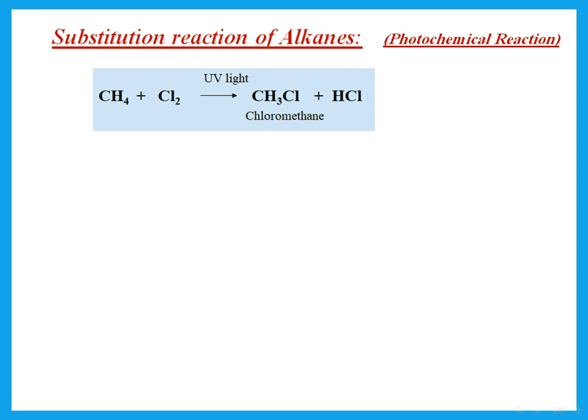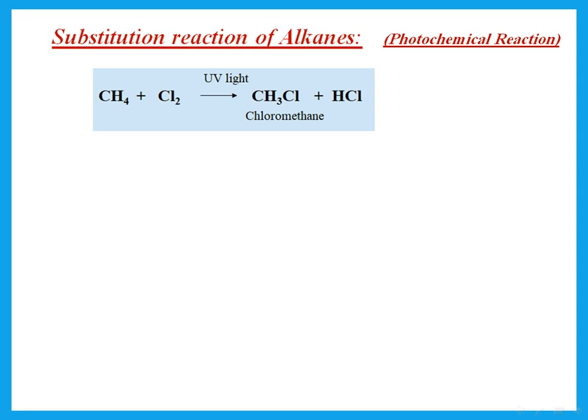We usually don't do reactions with fluorine because it is too reactive. We don't do reactions with iodine because it's much less reactive. So the ones that are reasonably reactive are chlorine and bromine. When we react an alkane with chlorine or bromine, this is called a substitution reaction.